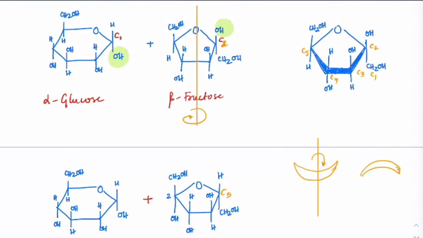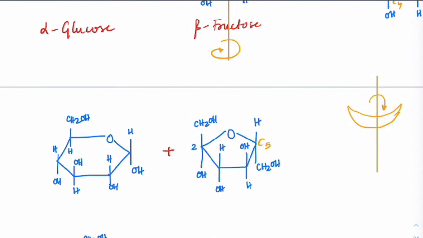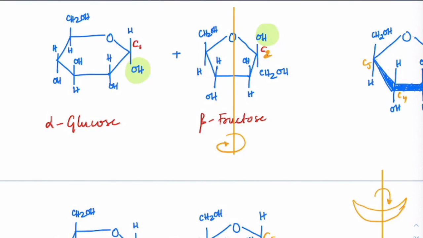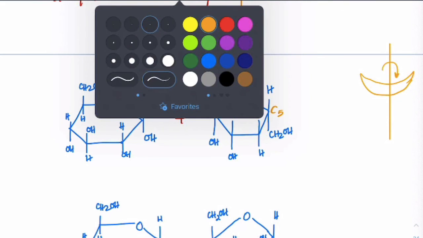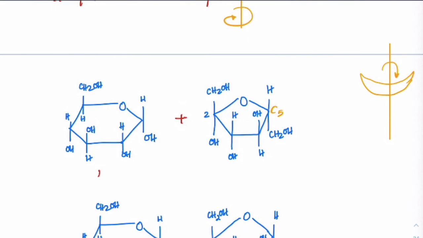Everyone got that? On carbon 2, CH2OH was vertically down. Now CH2OH will be vertically up. So this is alpha D glucopyranose, and this is beta D fructofuranose.